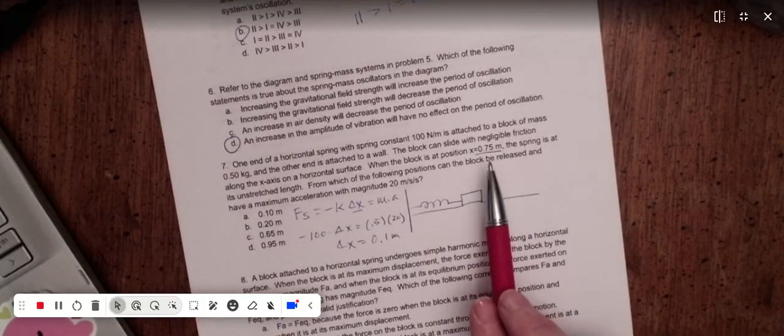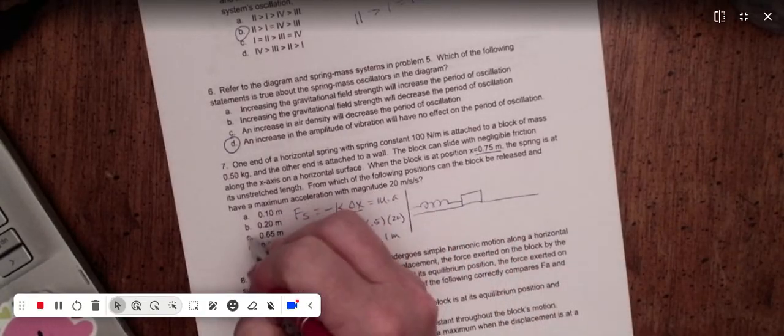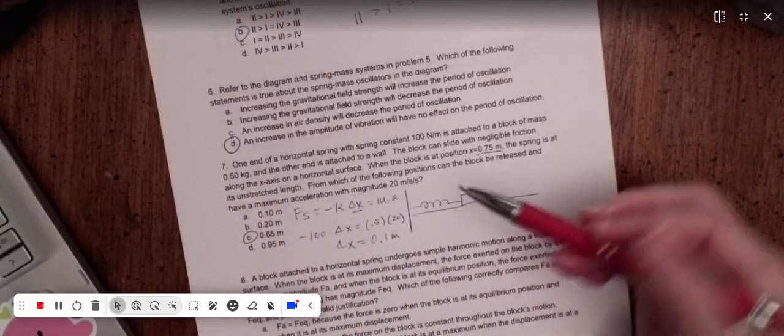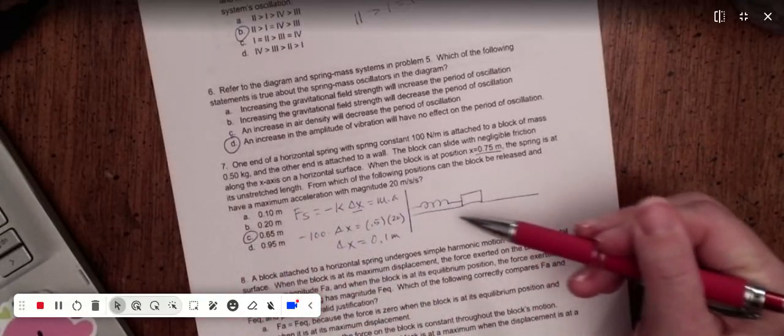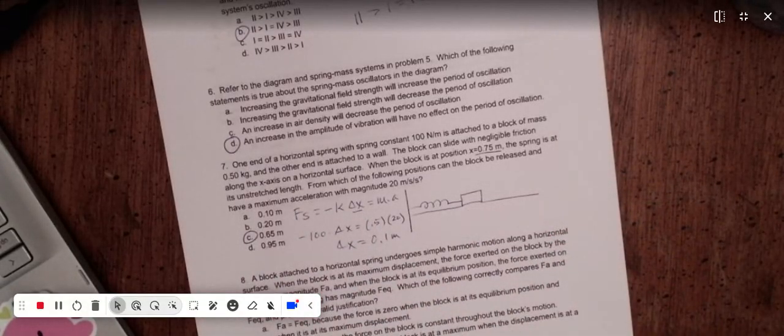So that'd be like me compressing it another 0.1 meters. That would give me my restoring force, trying to get it back to equilibrium, and an acceleration value going along with that force of 20 meters per second squared.